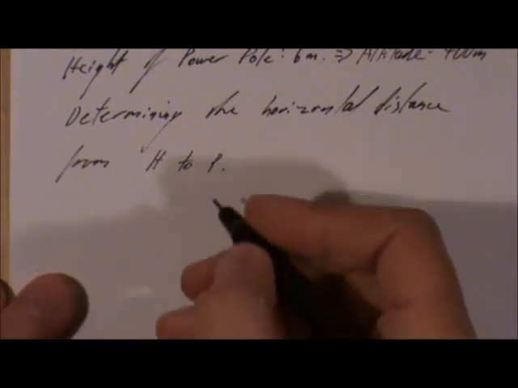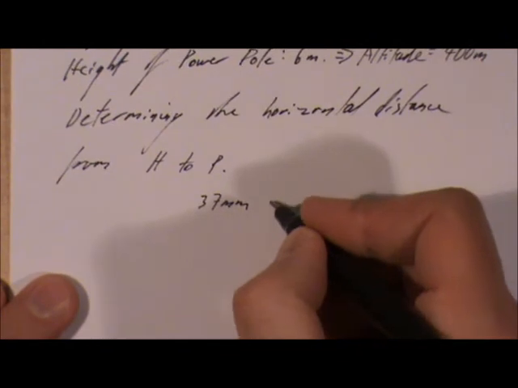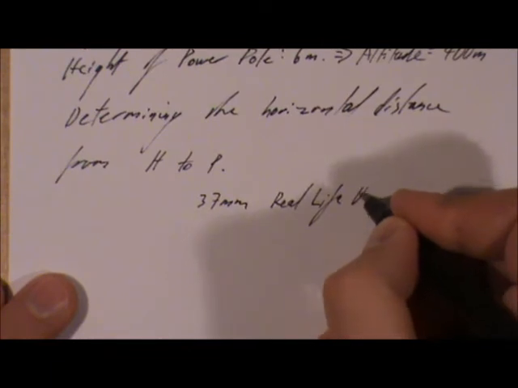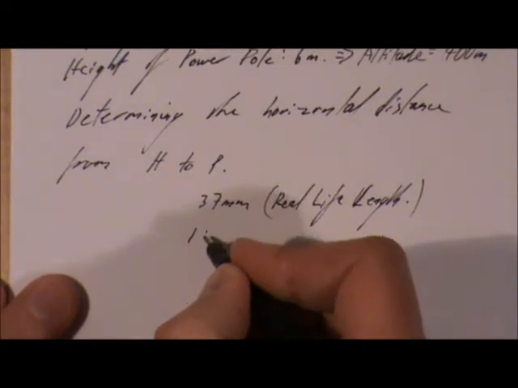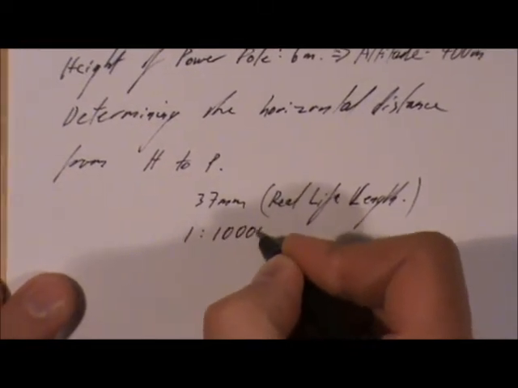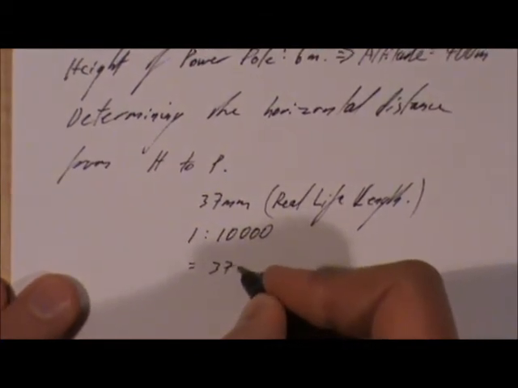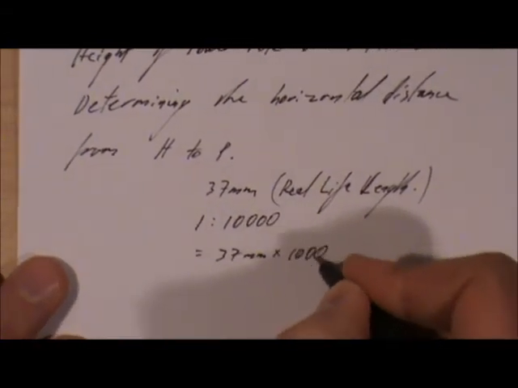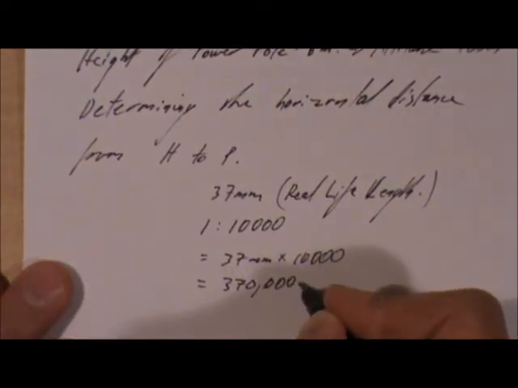Okay, so we've just obtained the horizontal distance, which we said was 37 millimeters. Now we need to convert that to a real life length. We know the ratio is 1 to 10,000, so we simply multiply our 37 millimeters by 10,000 to give us 370,000 millimeters.